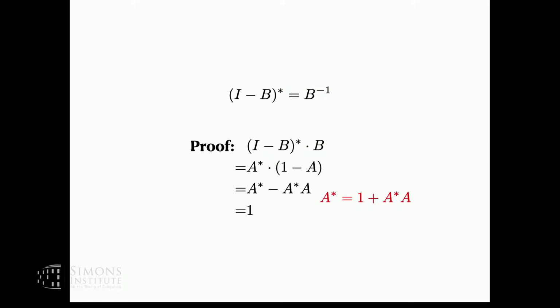We call I minus B, A, to get to the second line. And then we distribute to get to the third line. And then by definition, A star is 1 plus A star times A. And then we get it over there, right? So by just rearranging this equation, we get this equation there.